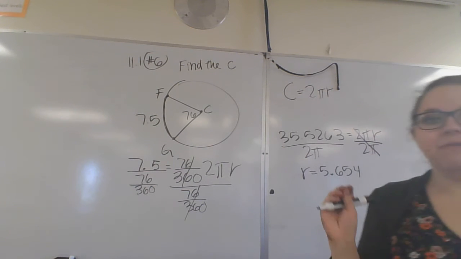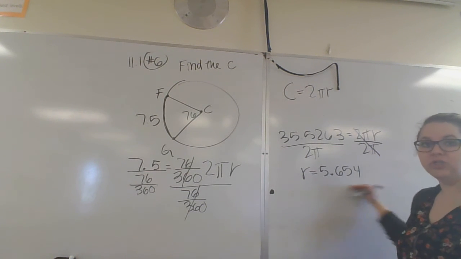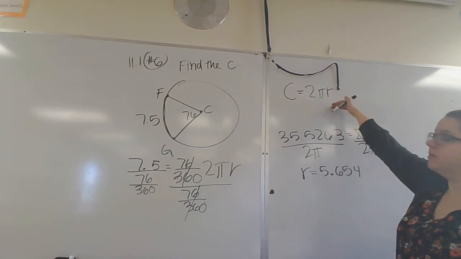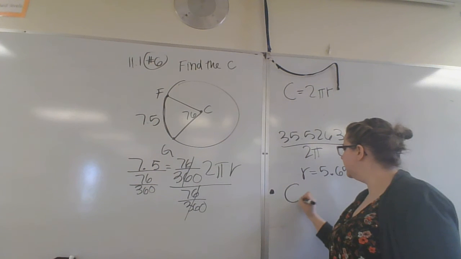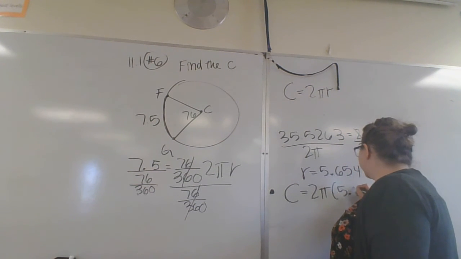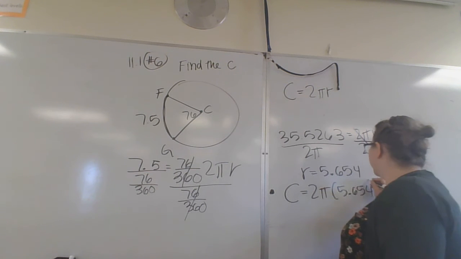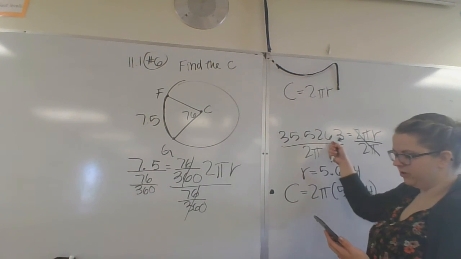Now for number 7, it just wants you to find the radius. So for number 7, once you get here, you're done. But for number 6, we need to go one more step. Here I have C equals 2 pi times 5.654. We just divided by 2 pi, so now we multiply by 2 pi.